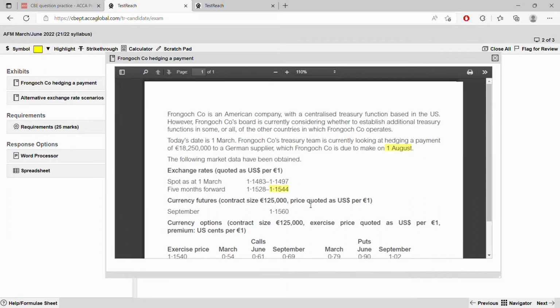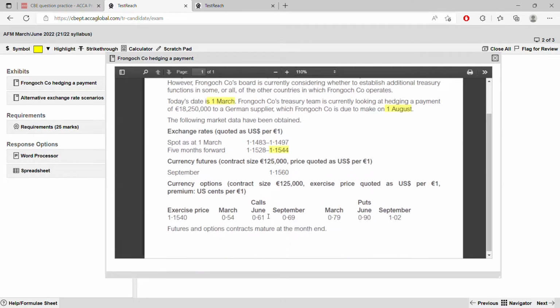For the future, nothing, it is the September future. The payment is due on 1st of August and today is 1st of March. If you see, from March to August, it's 5 months. Based on this, which option are they choosing, March, June or September?